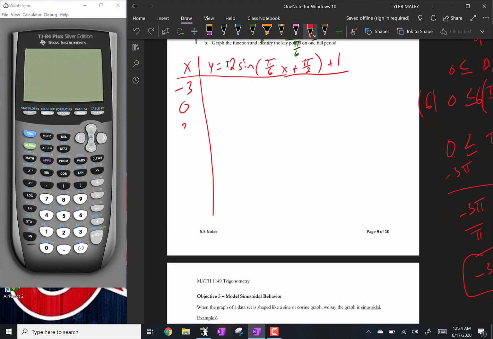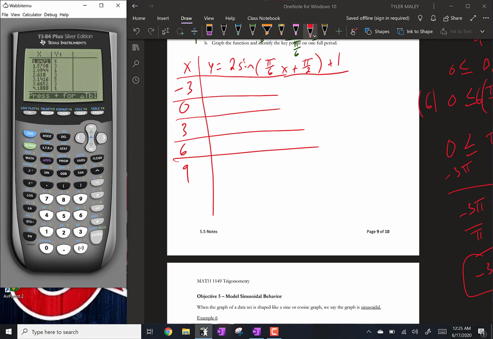So we'd be at 0, 3, 6, 9. Same thing, it's good to practice doing it by hand, but for time's sake and just to help you get comfortable with your calculator as well, I'll just put it in here.